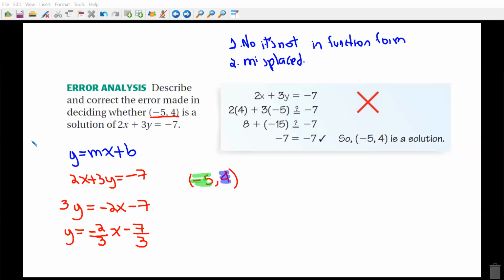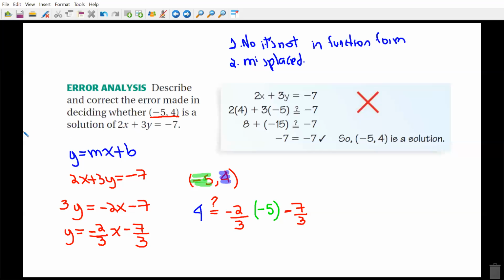So I'm going to say that y, that is in blue, 4, is it going to be equal to negative 2/3 times x. And what is the value of x, guys? Guys, what's the value for x? Negative 5. Negative 5, right? And then you're going to be subtracting 7/3, right?